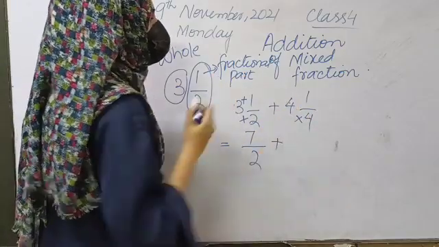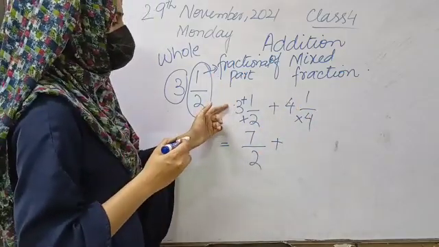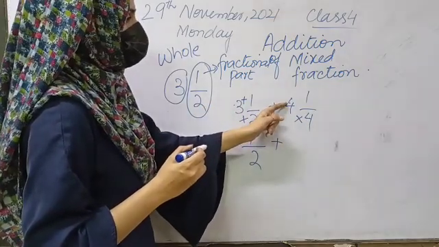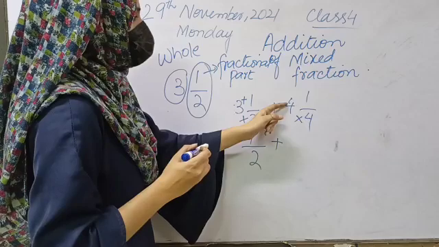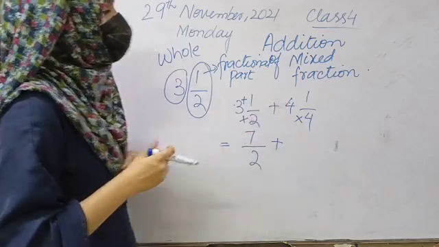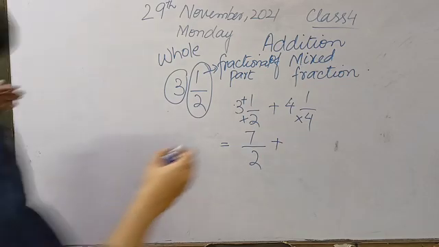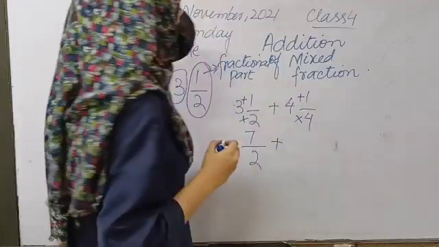We will open it. Likewise we have done in this part, 4 into 4. Yes Abdul Rahman, you tell me, 4 times. 4 times. Very good. 4 times is 16 and we will simply add 1 into it.